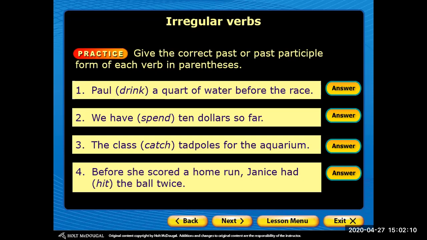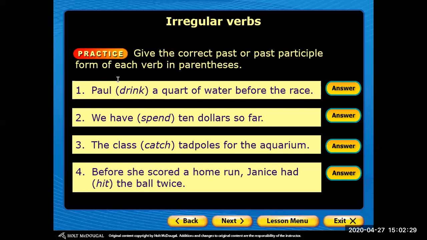So do we need the second conjugation, the past form of the verb, or do we need the past participle? And why, of course? I think Paul drinks a quart of water before the race. No, but we need to put it in the past or past participle, Abdullah.